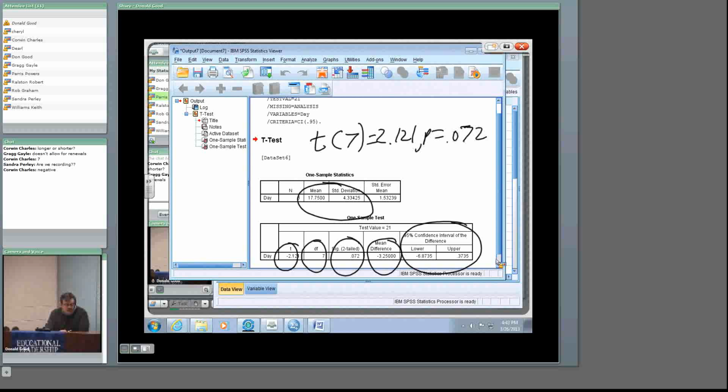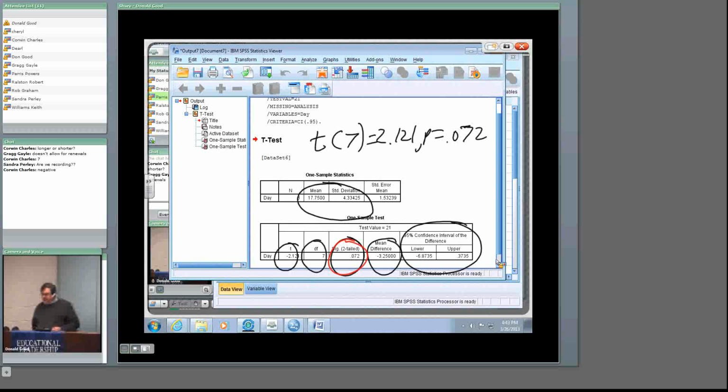Because the key thing in every one of these analyses is always going to be right there, the significance. That's the p-value. If the p-value is less than 0.05, in most cases, we may specify 0.1 or even 0.10, then yes, we have a significant difference.